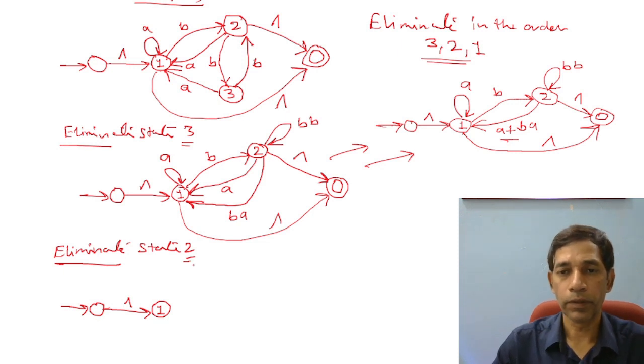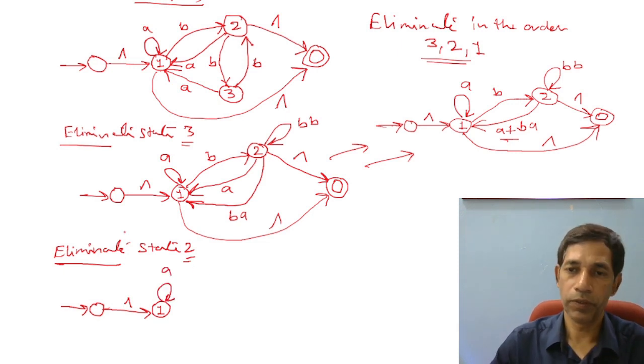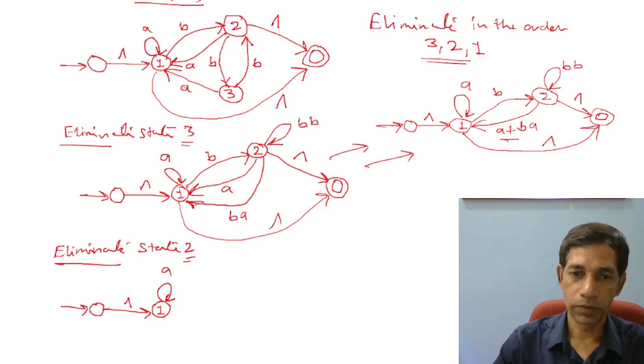And we have the loop here. We are going to bypass state 2. Once you bypass state 2, you have only the final state here, and the edge from 1 to the final state is for the case of null.